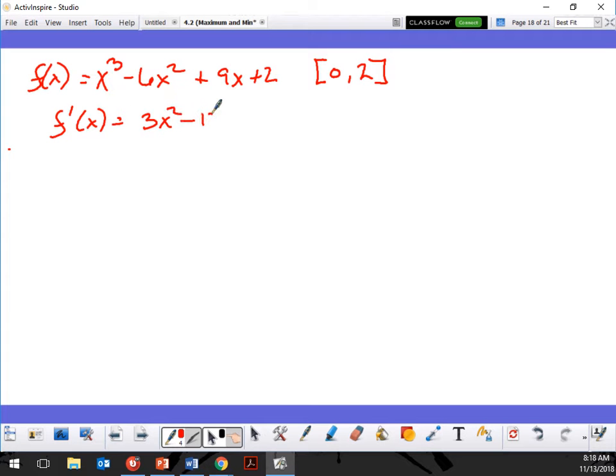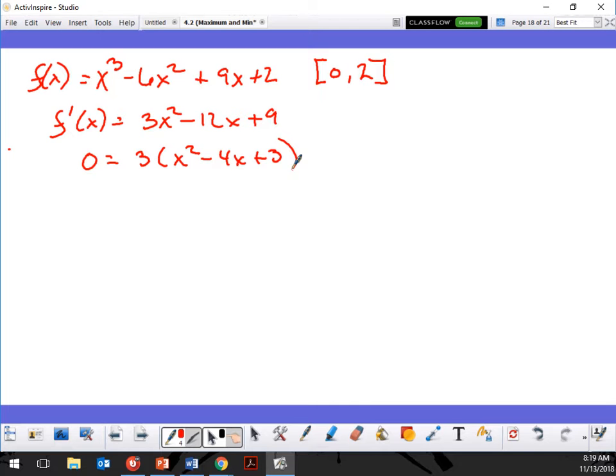3x squared minus 12x plus 9. Now, what did I say to do? Factor and set it equal to 0. So 0 equals, taking out a 3, I'm left with x squared minus 4x plus 3. What are the factors of 3 that add up to negative 4? Negative 3 and negative 1.